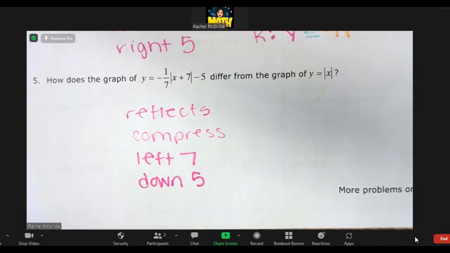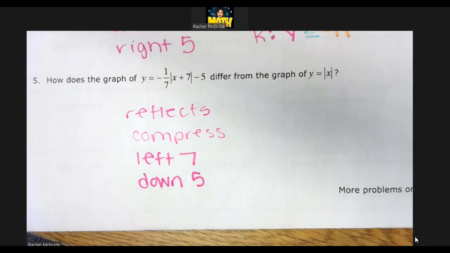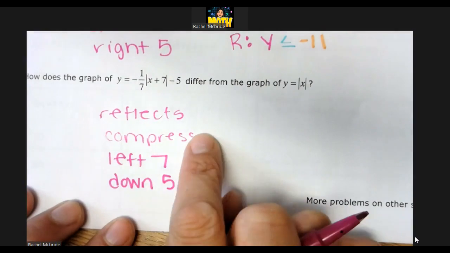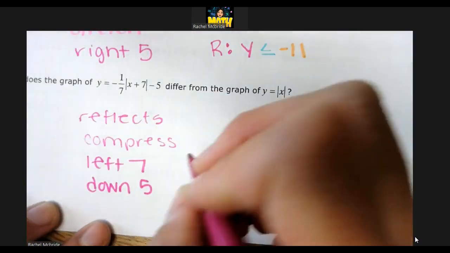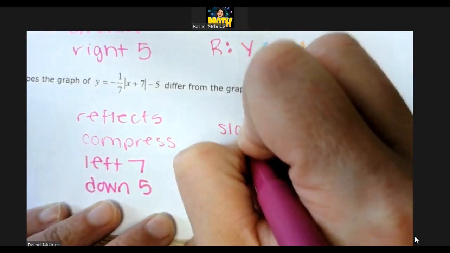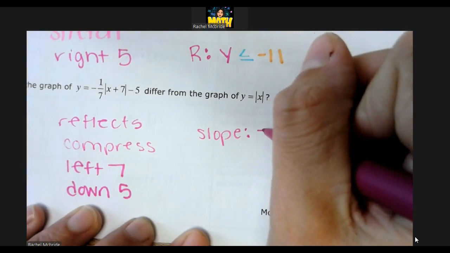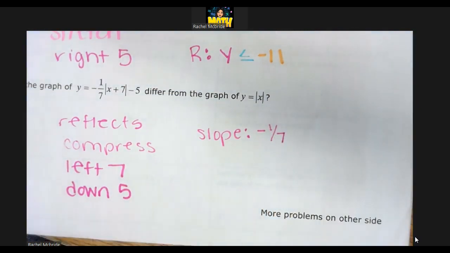So, the slope is different than just the A with the compressing and reflecting in the sense that the slope includes both values. So my slope is what? So my slope is -1/7. So it's going exactly down 1 and right 7.